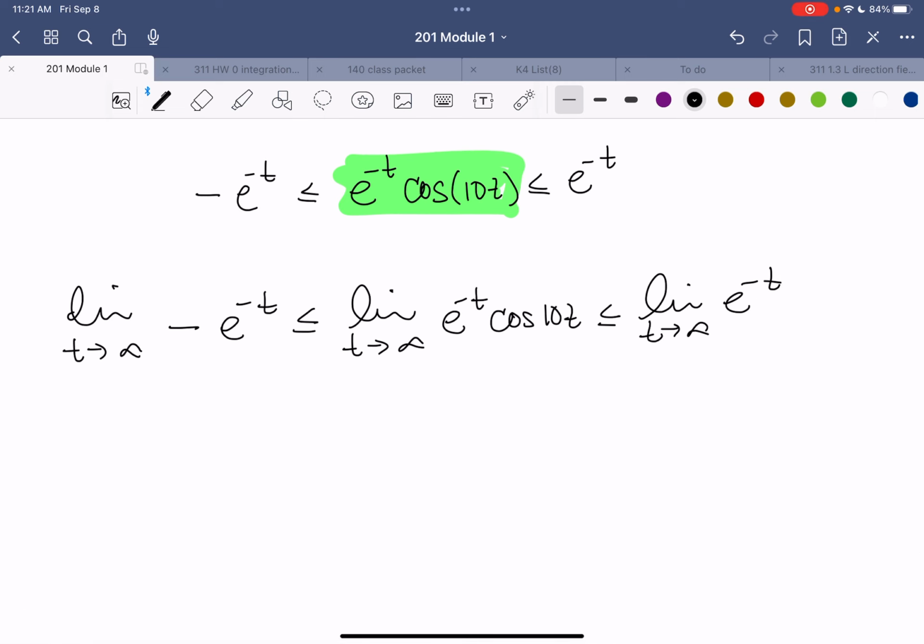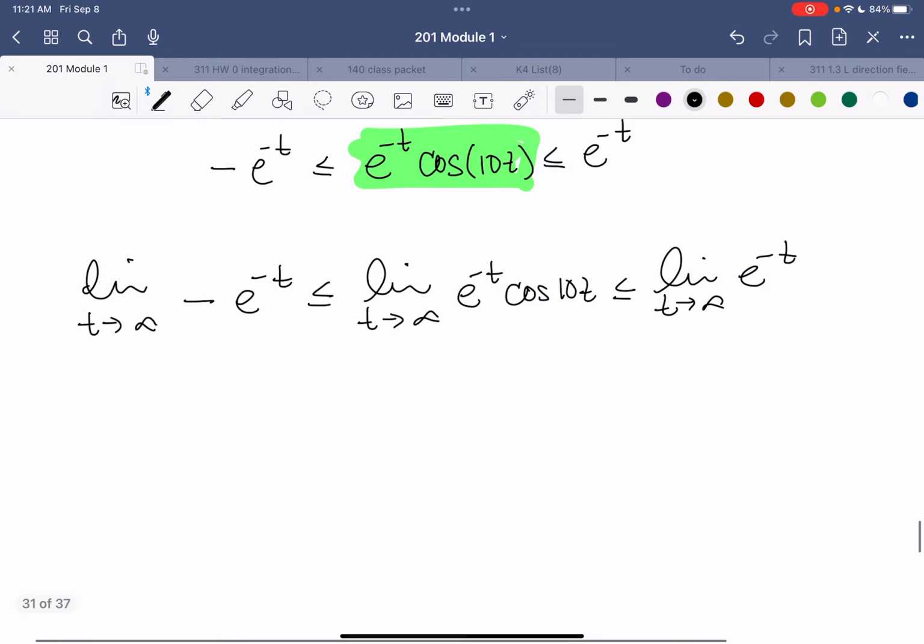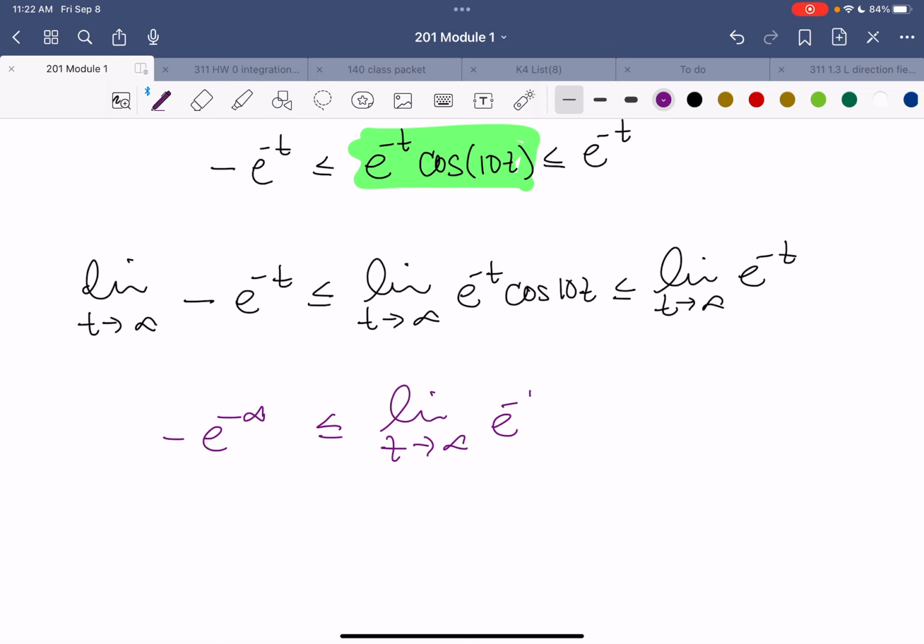So if we go up here and we plug in and evaluate our limits, on the left I get negative e to the negative infinity. I have my function in the middle. And on the right, if I plug in my infinity, that's e to the negative infinity. Okay, so I have negative e to the negative infinity and positive e to the negative infinity.